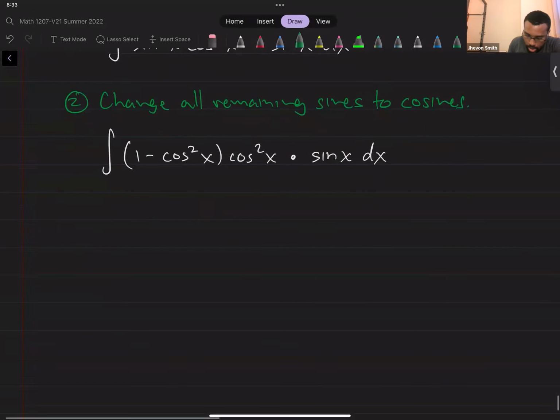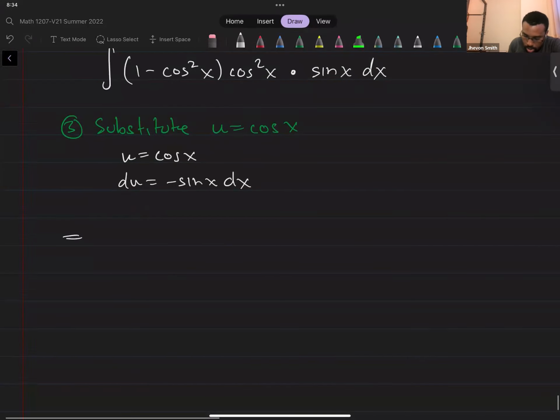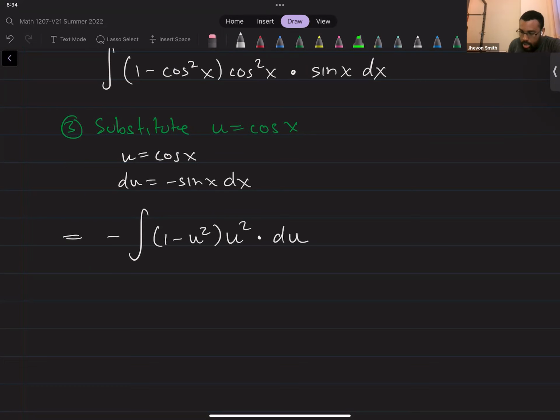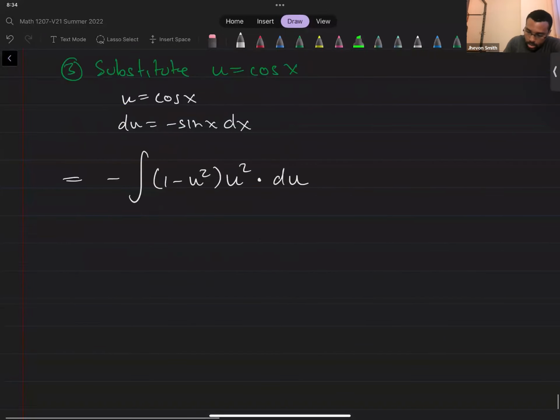Now we're just going to do the substitution. So you have u equals cosine. Your du is going to be negative sine x dx. So this is going to give you negative the integral. Everywhere you see a cosine, you plug in a u, and your sine x dx is going to be your du. So now you just integrate.